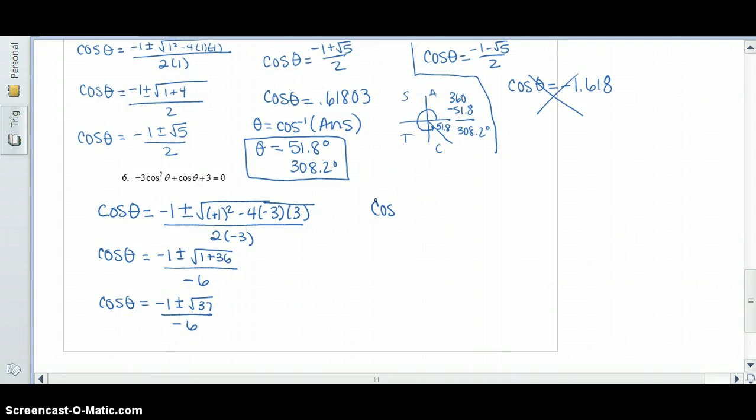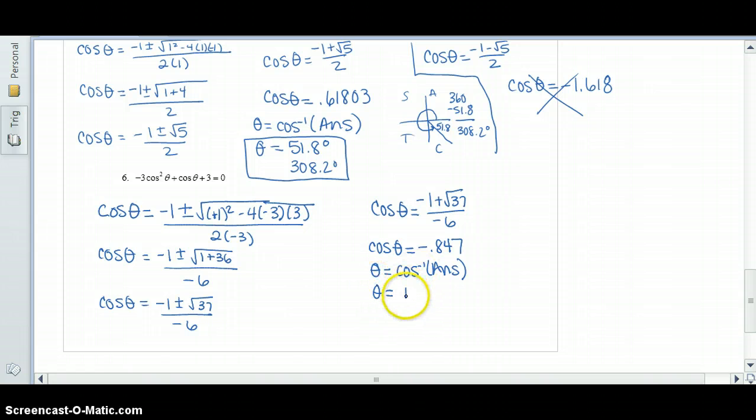So now we're going to have to do the two separate problems. Where is cosine theta equal to -1 plus the square root of 37 divided by -6? Well, when you punch that in on your calculator, you get -0.847. And so then we're going to take the arc cosine of our answer, and you're going to find out that theta is equal to 147.9.